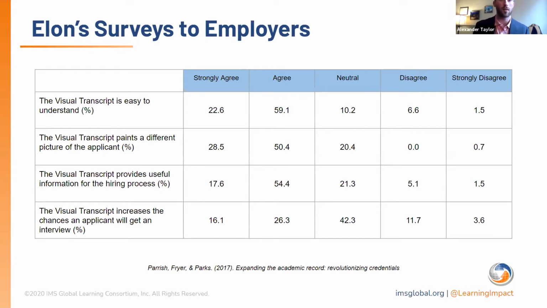We've been surveying employers since 2015 on whether our visual transcript, our experiential transcript makes a difference in employment. And we've seen a lot of positive results from employers about how this paints a different picture of the college experience, that it provides additional information.